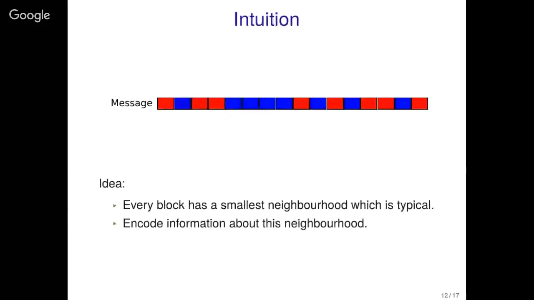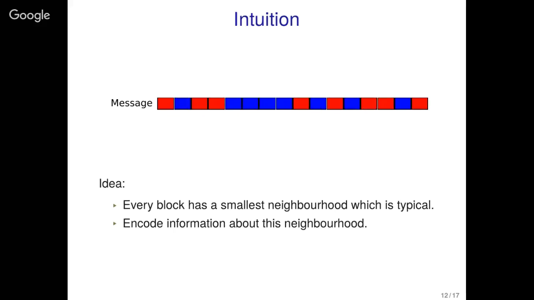The main reason is that if the size of each block is too small, then you don't get concentration. Suppose we look at blocks of size equal to a constant independent of n. Then some of these blocks are going to be typical, but there is a large fraction of blocks which is going to be atypical.